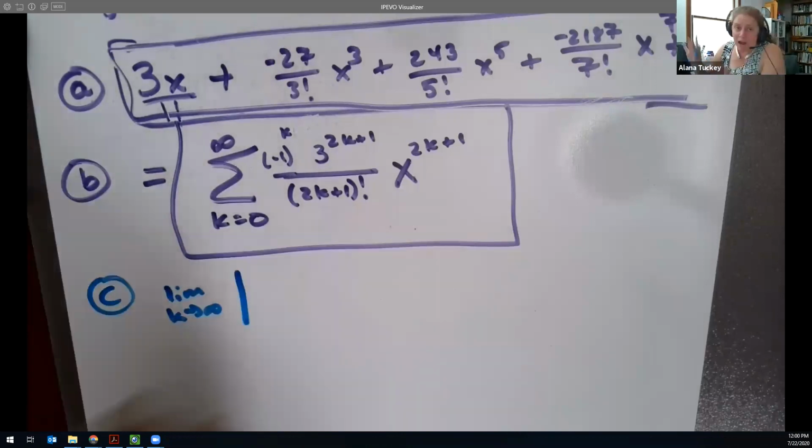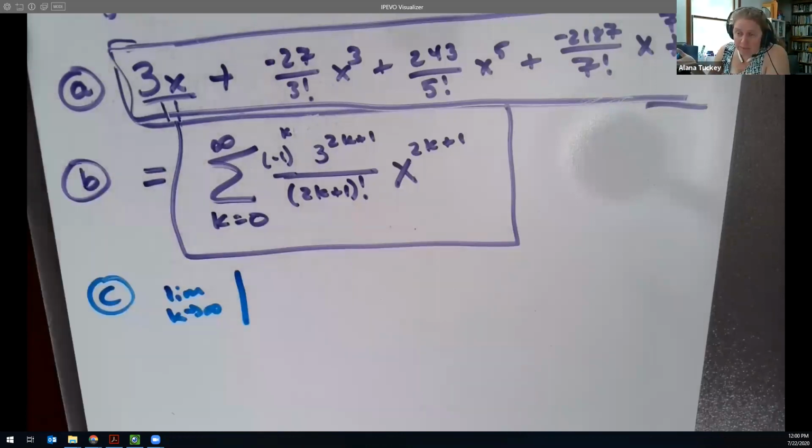Now I can drop the -1 because the absolute value makes it disappear, so that's irrelevant.